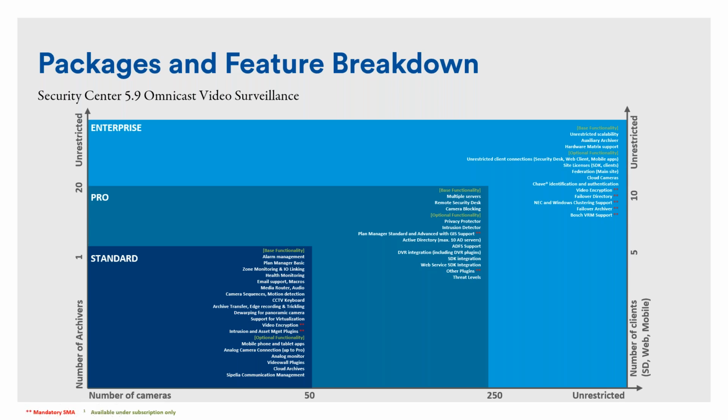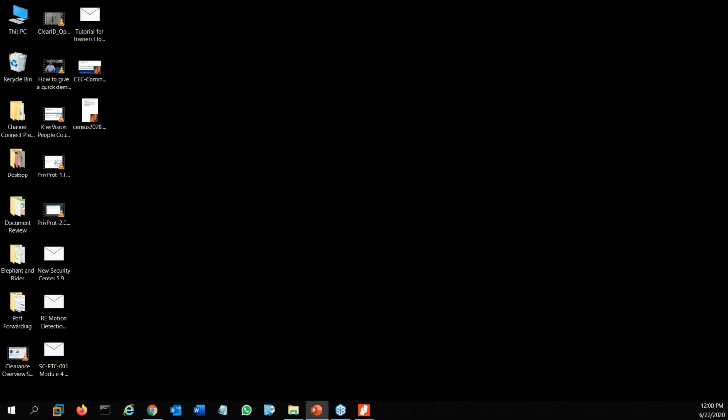Okay. And again, I'm going to add the ordering guide to the handouts real quickly. And here's the 5.9 ordering guide. You all should have that in the handouts right now.